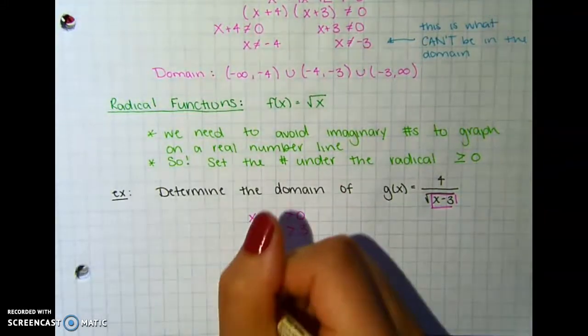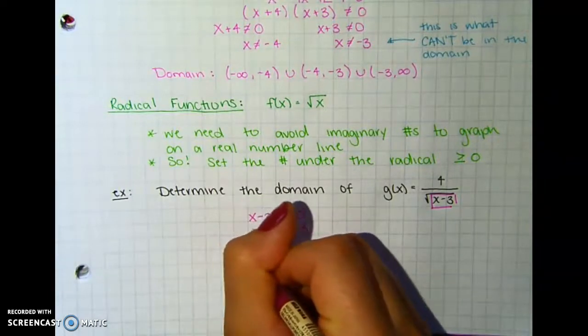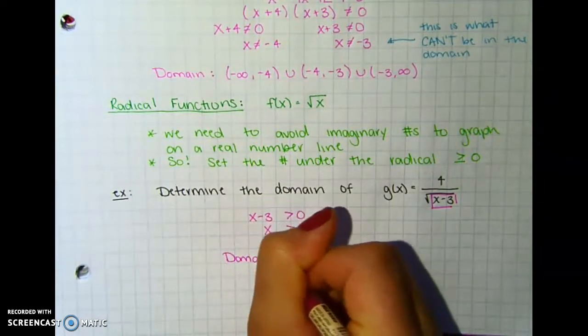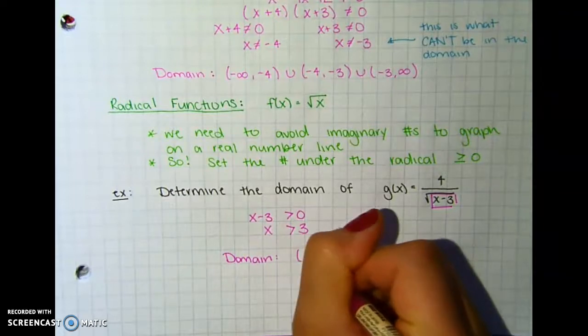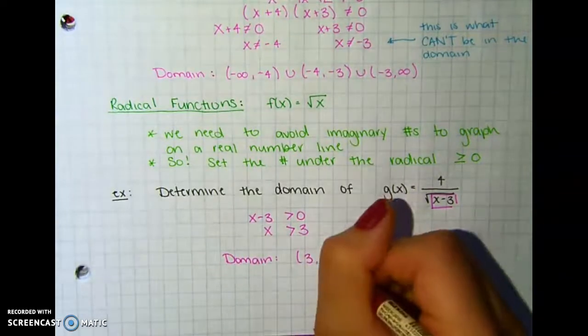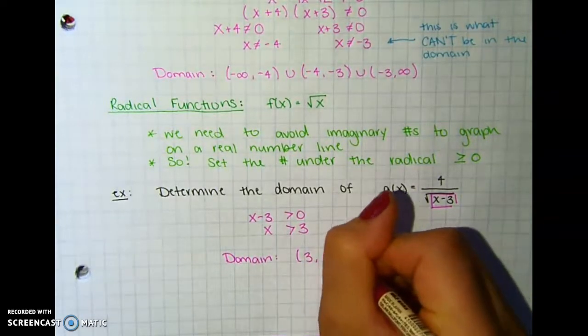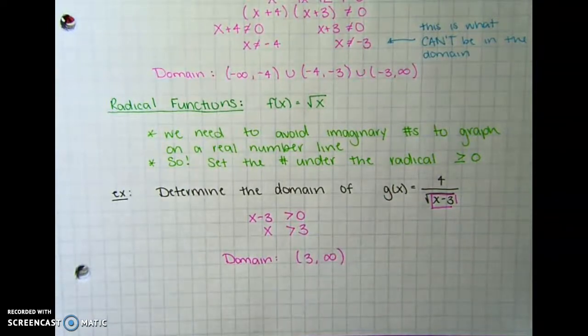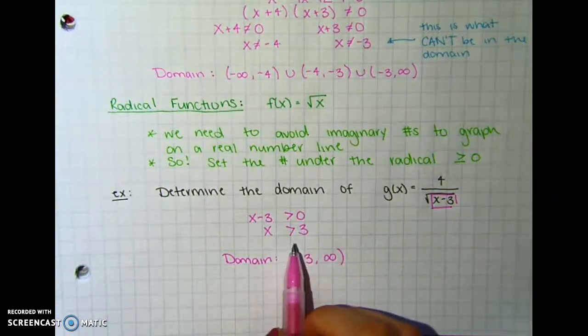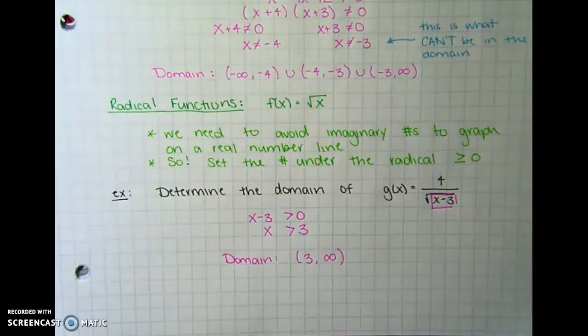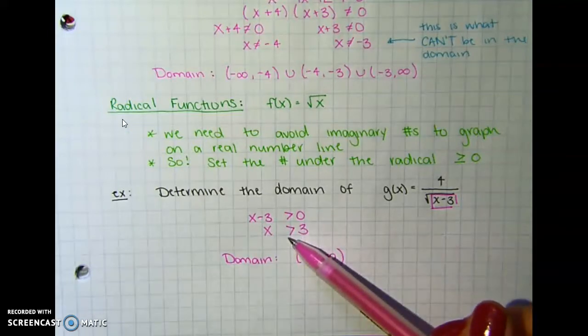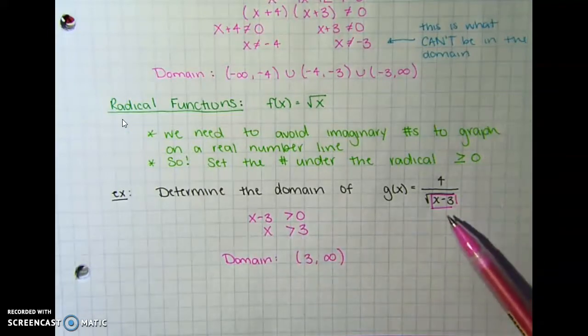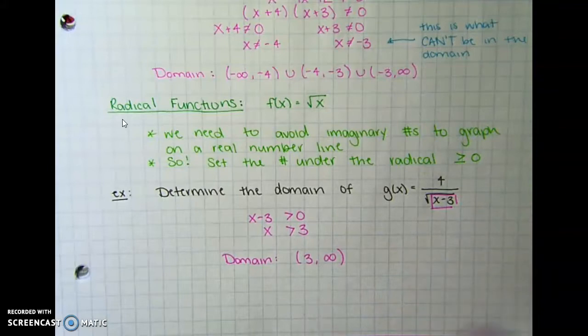So we know the domain is 3 to infinity, with a soft bracket because this is not equal to. So that's it. Now be careful because it's not usually greater than, it's only when it's a radical and rational. So little combo.